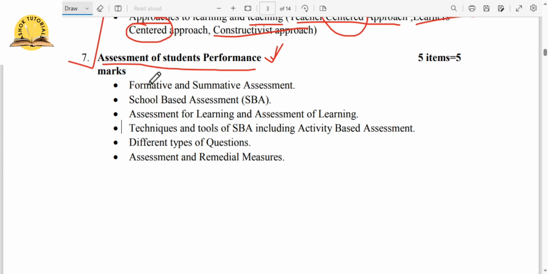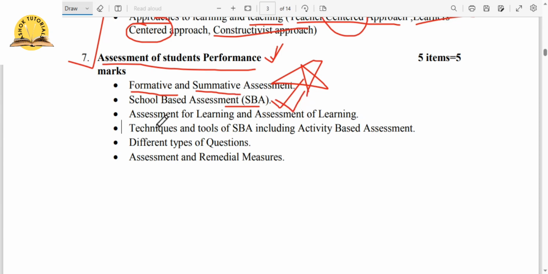So there are different ways in which we assess the students' performance. Like formative assessment and summative assessment. So these are the two types of assessment. This is very important. You have to remember this, right? Now, school-based assessment. So there are different types of school activities or procedures in which we assess our learners.